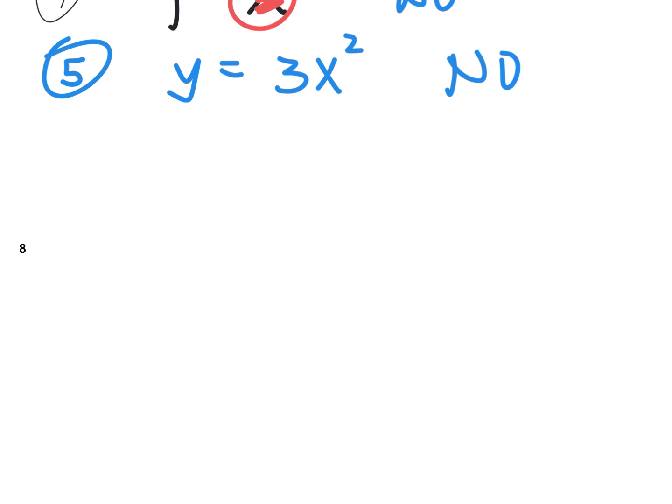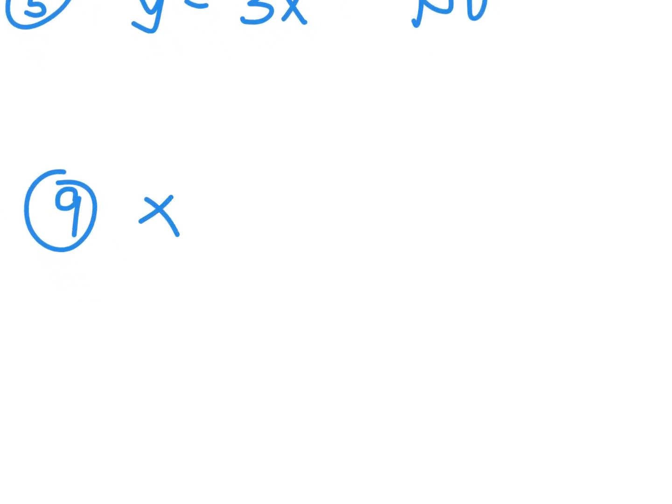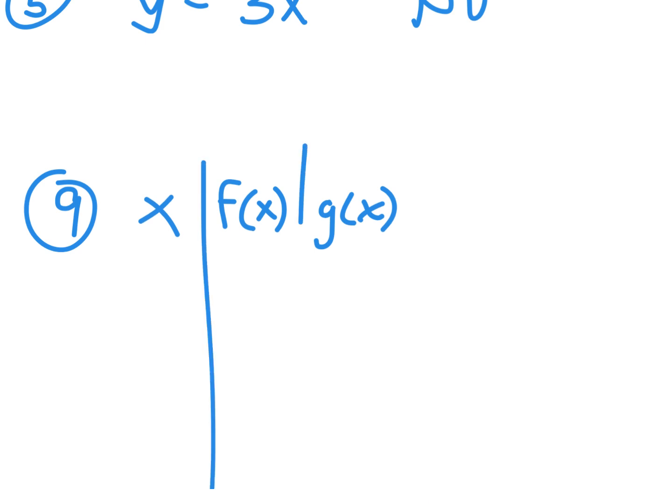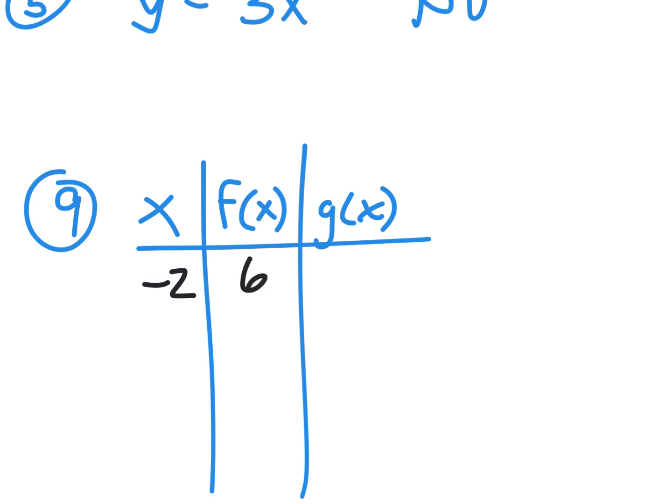Let's skip all the way down to number 9. Christy, would you read me the chart for number 9? I think it gives you an XY chart. It's x, f of x, and g of x. Is g of x first or is f of x first? Okay, thank you. Rissy, would you please read me the row? There's three numbers underneath x, f of x, and g of x. Can you just up the volume a little bit for the next row?